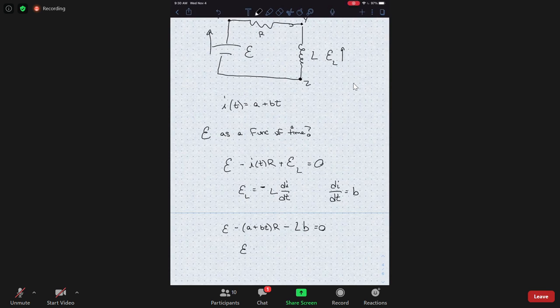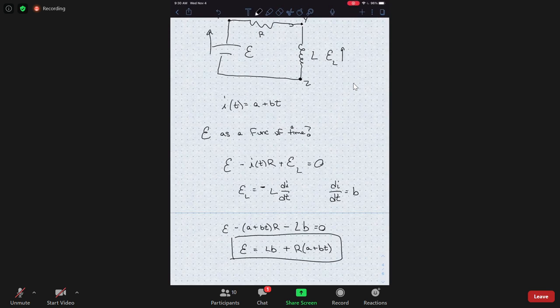So we just move everything over and we get that E as a function of time is just L B plus R (A plus B t). So it's still increasing as a function of time.